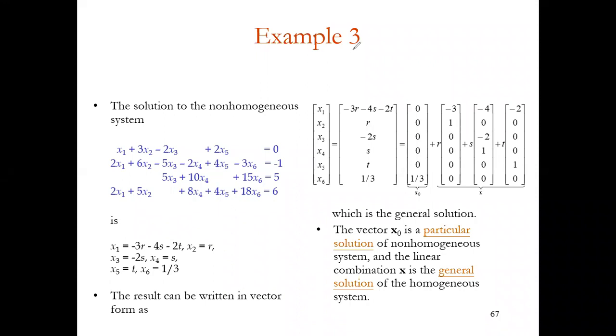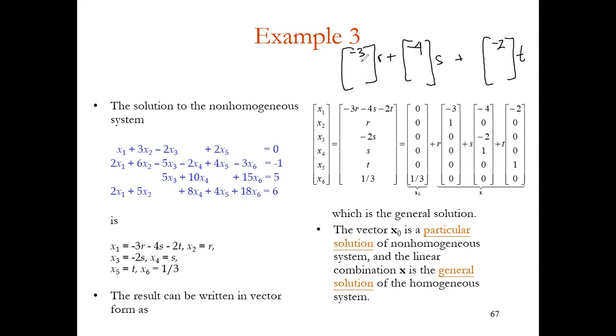So you need to make this first. We have r, s, and t. For x1, minus 3r plus minus 4s minus 2t.